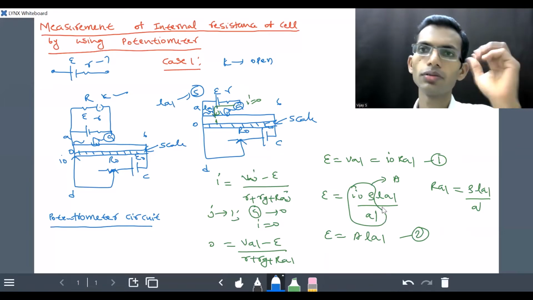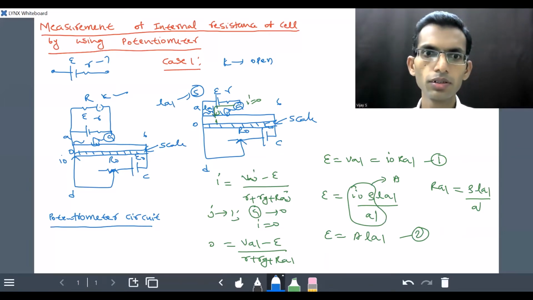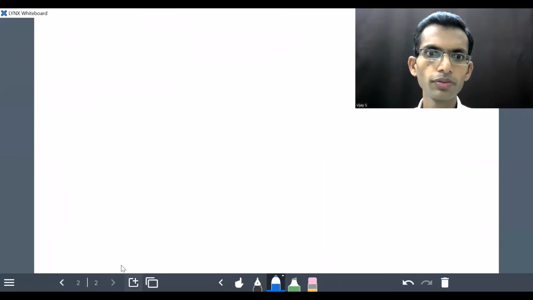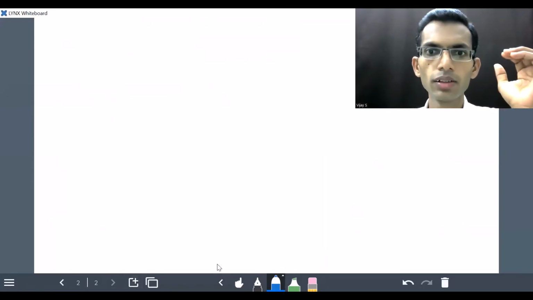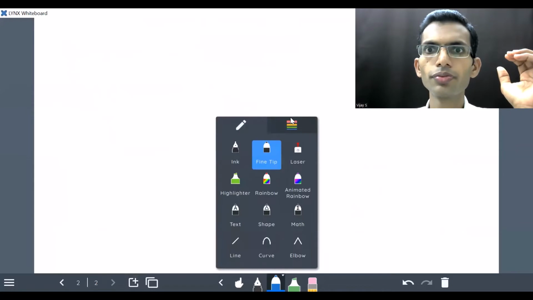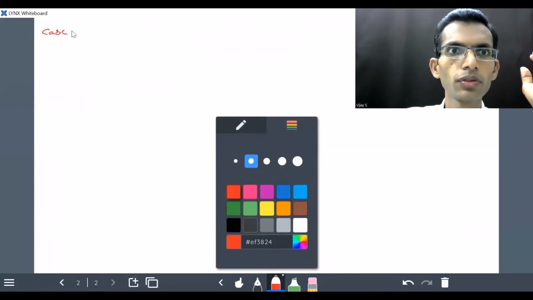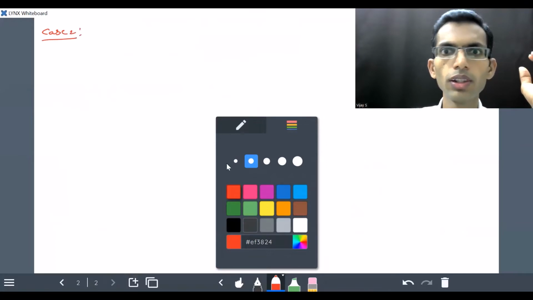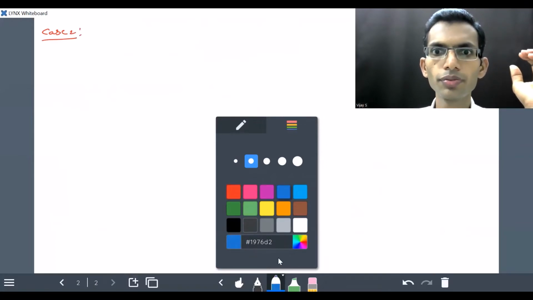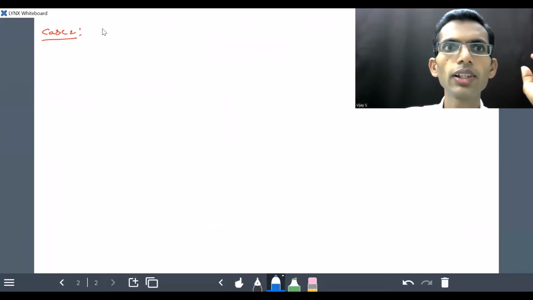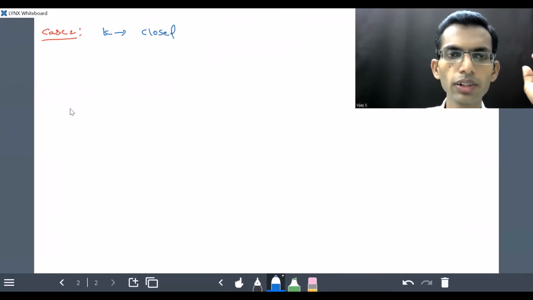Let us go to case 2. In this, key K is closed. When key K is closed, what happens? Let me draw the circuit.